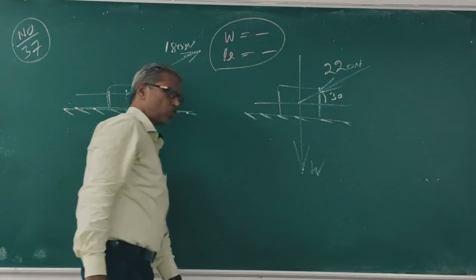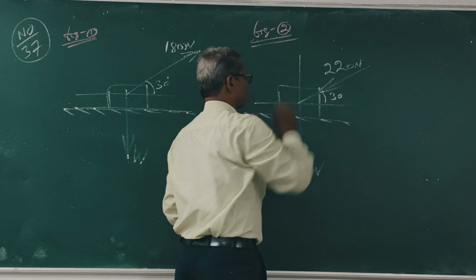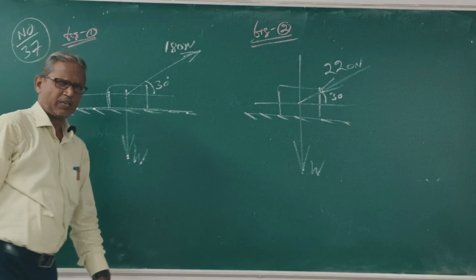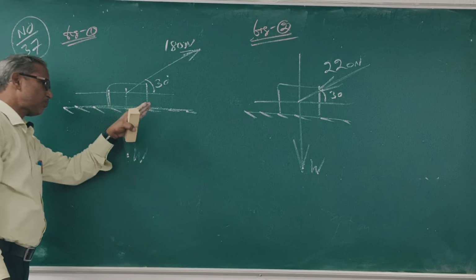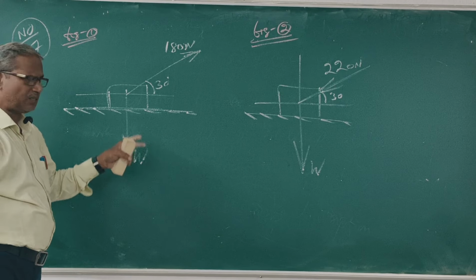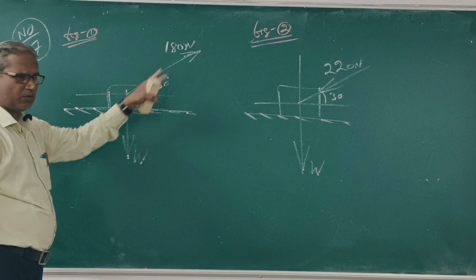See the figure. This is figure 1, and this is figure 2. Now, in figure 1, the weight is downwards, the pull is 180 Newton.